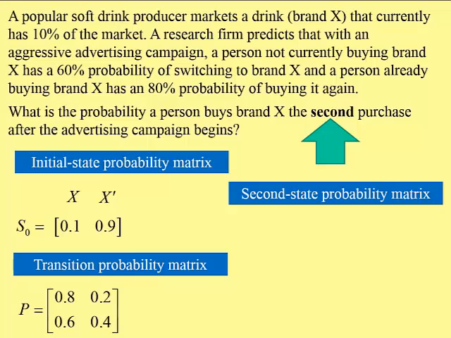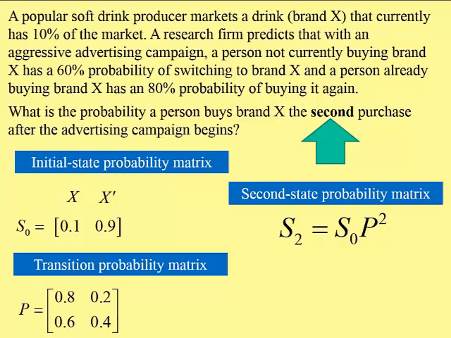The second state matrix is nothing more than the product of the first state matrix and the transition matrix. But if you recall, the first state matrix was the initial state matrix times the transition matrix. Now putting the P's together, we come up with the initial state times the square of the transition matrix.